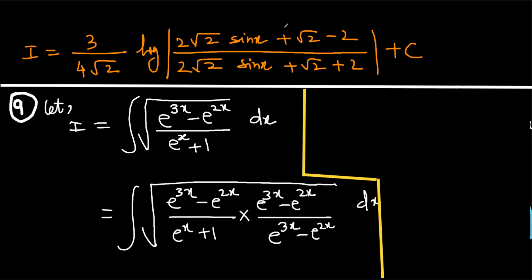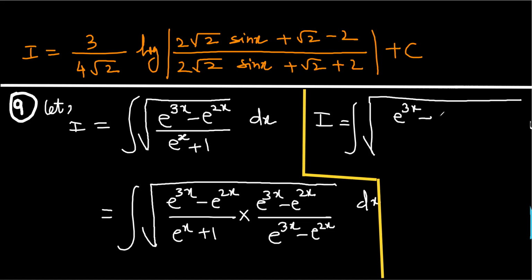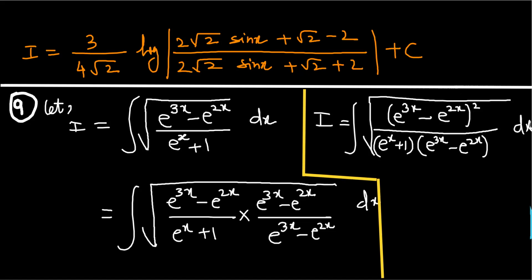So I equals, inside the square root, e raised to 3x minus e raised to 2x the whole square in the numerator, and in the denominator, e raised to x plus 1 into e raised to 3x minus e raised to 2x, dx.